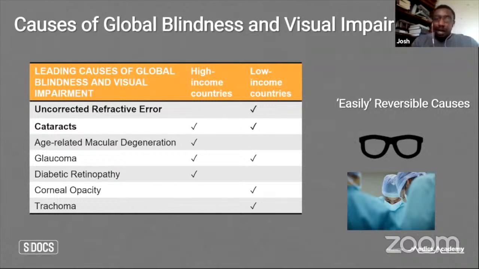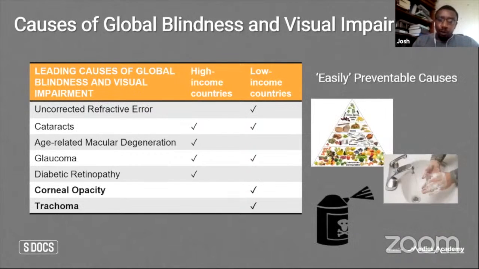They're able to get back to work, and things like that. And also, it's a relatively easy surgery for an ophthalmologist to carry out. So again, really reversible causes, and yet they are some of the leading causes of global blindness and visual impairment linked with low-income countries.